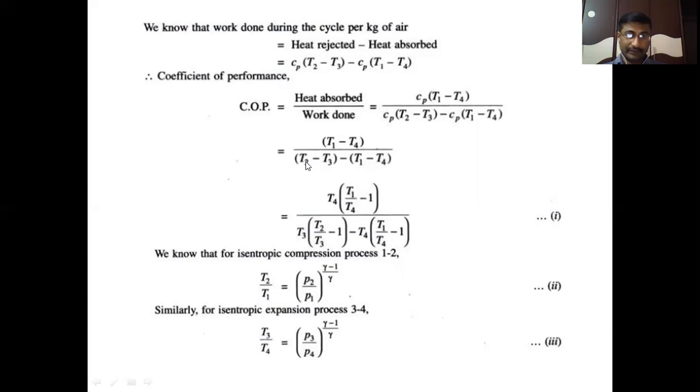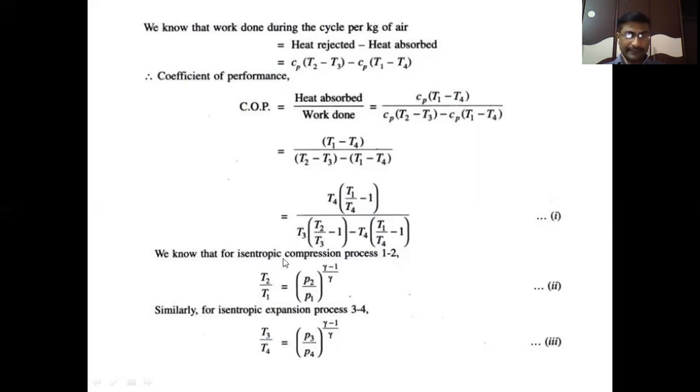From the denominator, we take T3 as common from the first parameter, then we get T2 by T3 minus 1, minus, taking T4 common from the second parameter, T1 by T4 minus 1. This is after simplification, after taking the common in the numerator and denominator. We take it as equation 1.